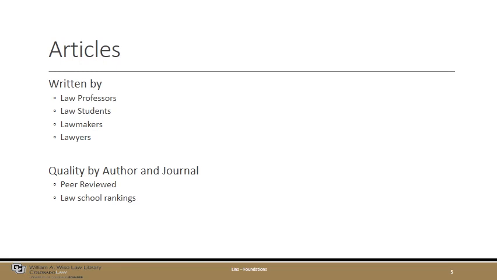The assumption here is that articles published in a peer review journal tend to be of better quality and you can rely upon them more than a journal article published in a law review journal. When you do your research, you will be sorting through different articles and you might want to take that into account.